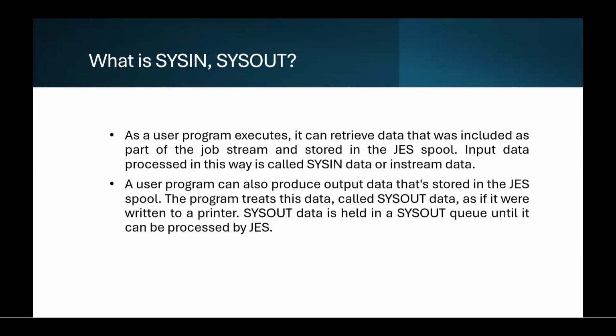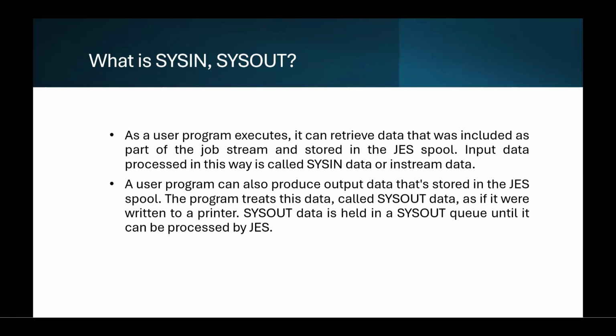After that, we have another, which is SYSOUT data. A user program can also produce output data that's stored in the JES pool. The programs treat this data, called SYSOUT data, as if it were written to a printer. SYSOUT data is held in a SYSOUT queue until it can be processed by JES.